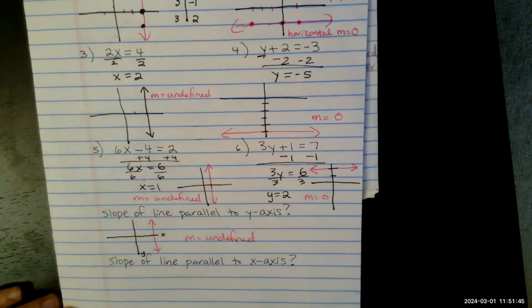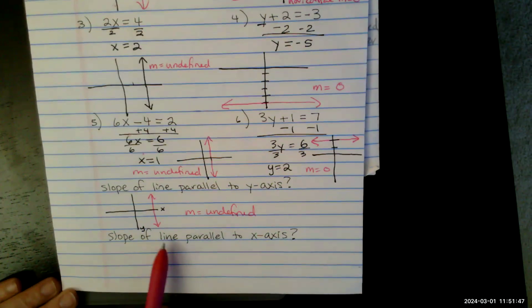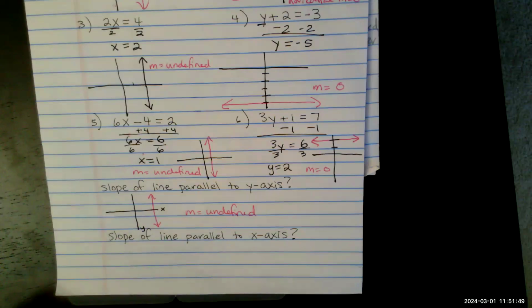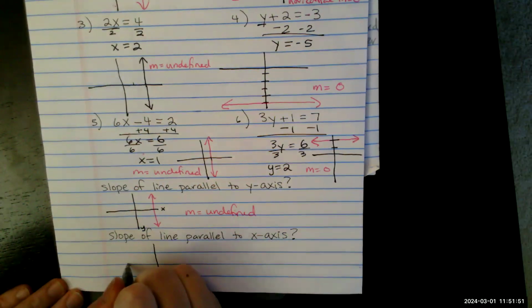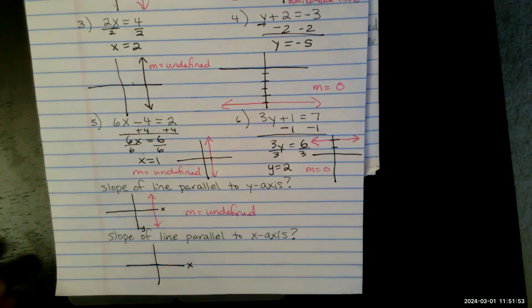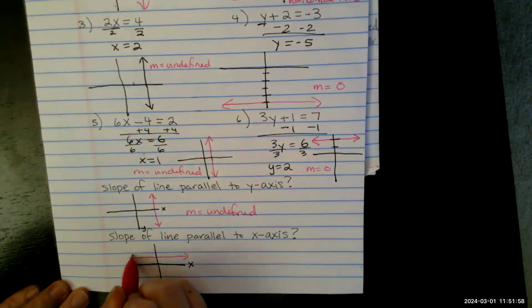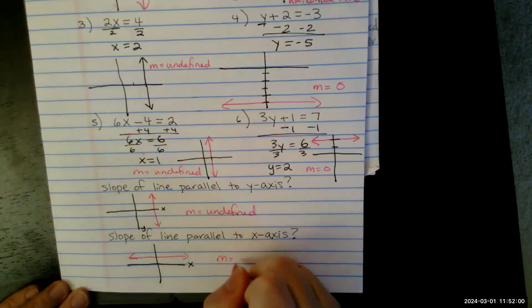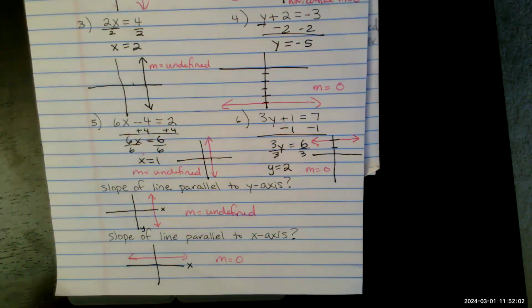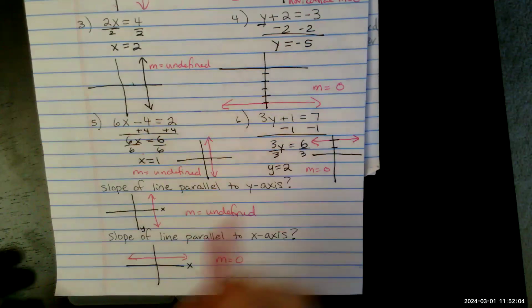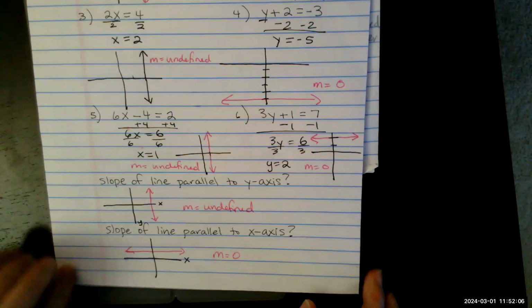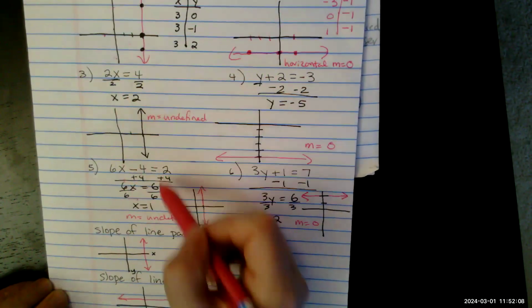So again, if you want to pause and think about this one, then you can see if you did it right. Since this is the x-axis, any line parallel to that would have to be horizontal, and so the slope would be 0. So it just takes some practice to get used to these, but then these should be the easiest type. You see only an x, you know it's vertical, put it where it goes, you know the slope.